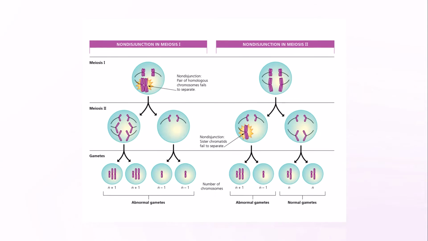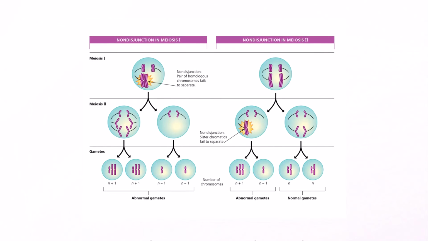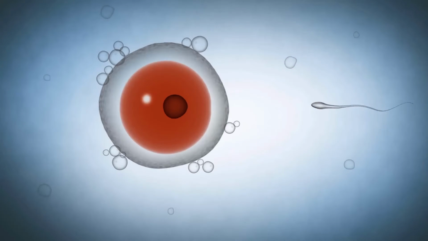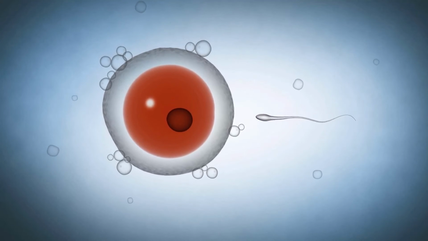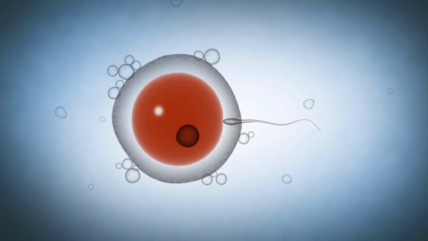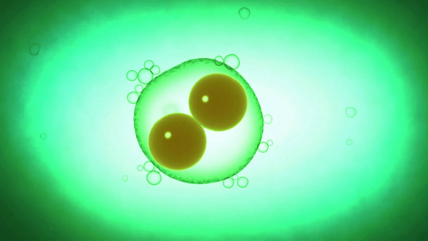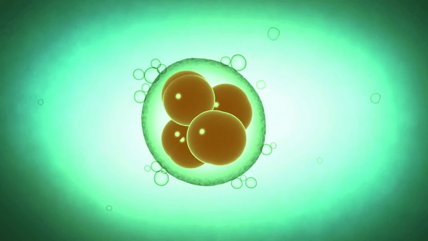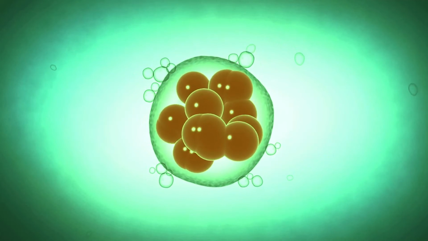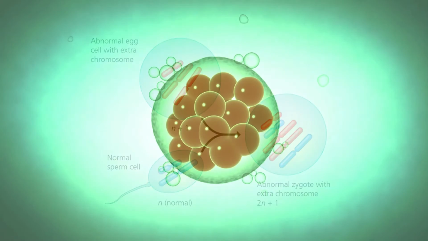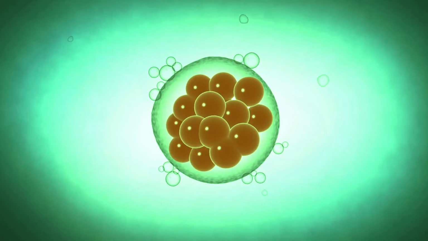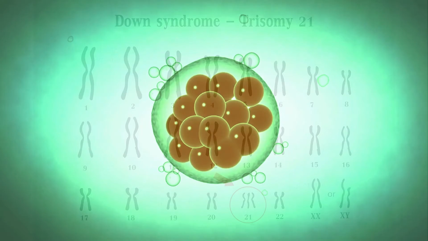In both situations, we see abnormal gametes can be produced. When a normal sperm fuses with an egg cell with an extra chromosome, the result is a zygote with a total of 2n+1 chromosomes. Because mitosis duplicates chromosomes as they are, the abnormality is passed on to all embryonic cells.